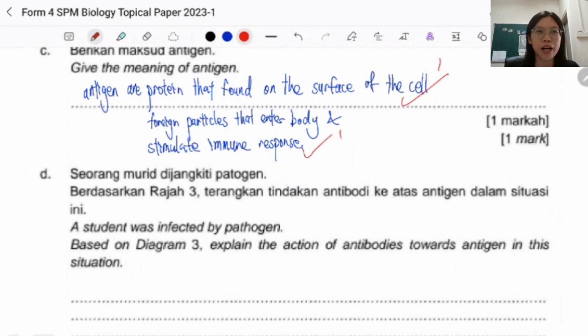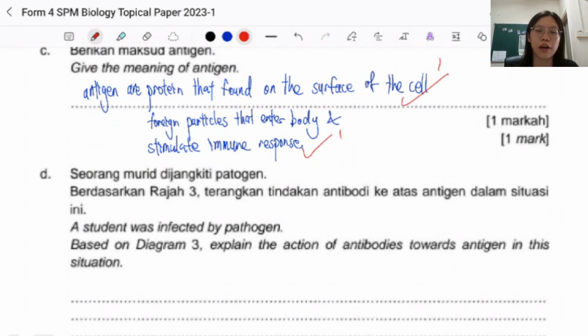But the reason why I stopped halfway is because I suddenly thought of something that I learned before, not in SPM. There are actually self antigen and non-self antigen. The antigen we are learning is non-self antigen, which is the foreign particles that enter the body.